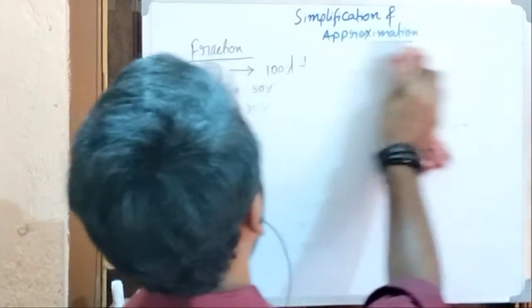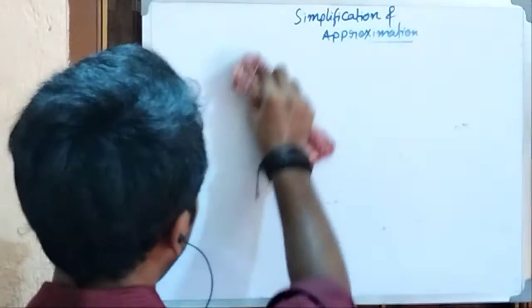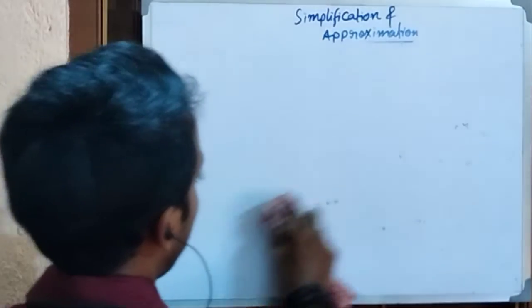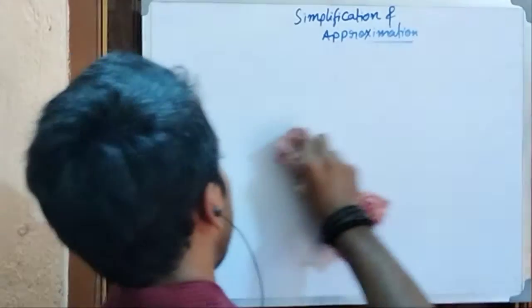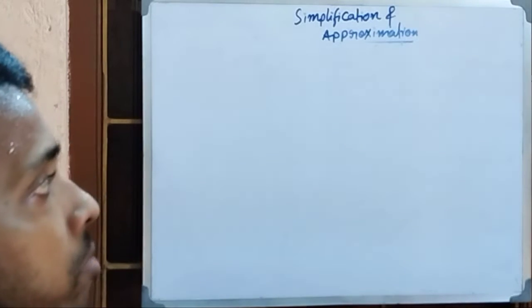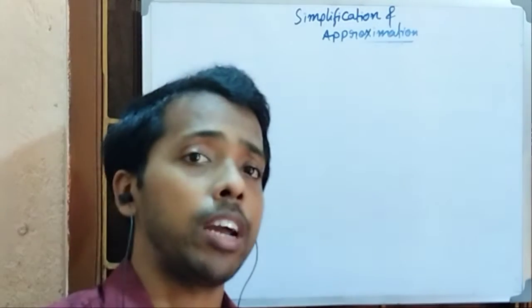This percentage and its fractional value is very much important, because percentage value most of the time does not help. In the present scenario of the examination, you hardly get 20%, 25%, 50%, 70% kind of value to find out.